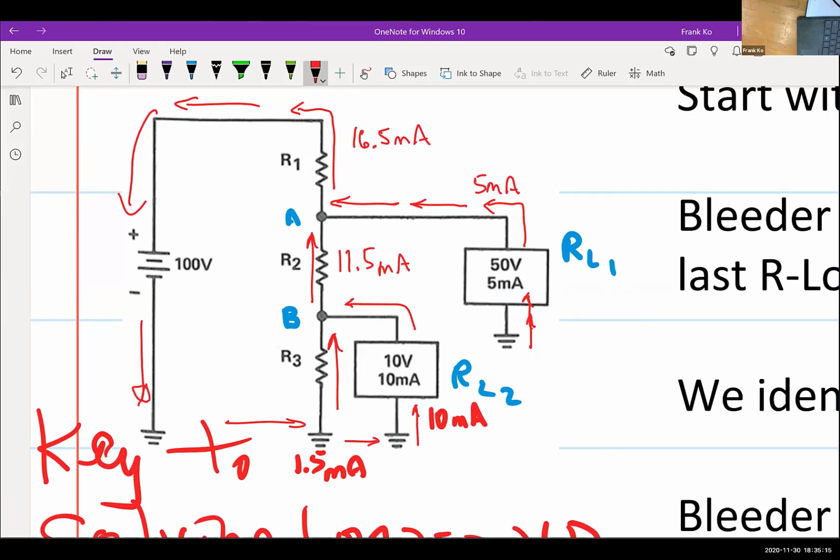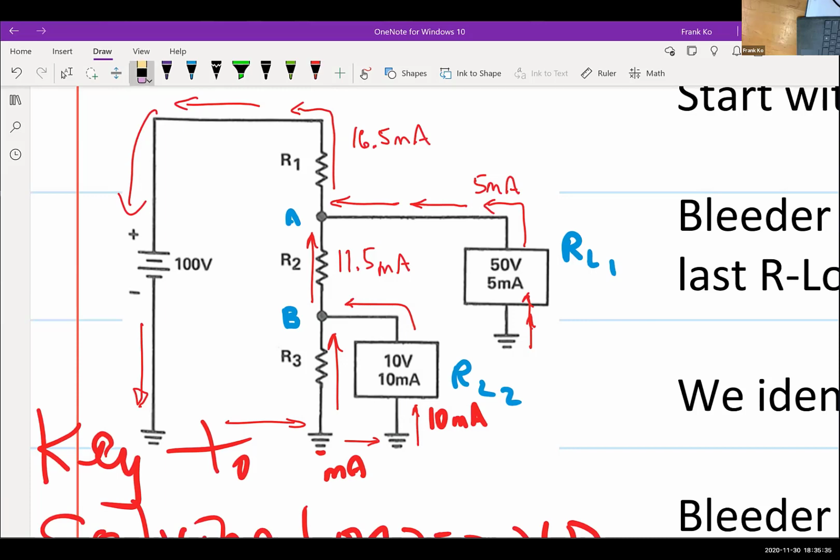Okay, does everybody see the path for how current flows in this circuit? Electrons leave the negative side of the voltage source, right here, and then flow up through R3 and up through RL2, 1.5 milliamps.